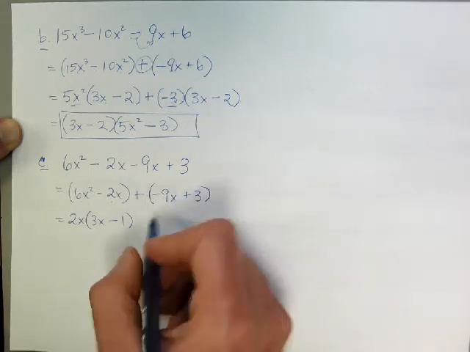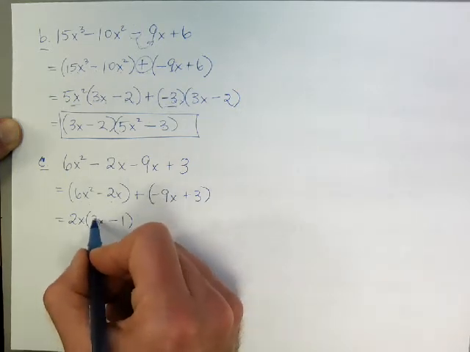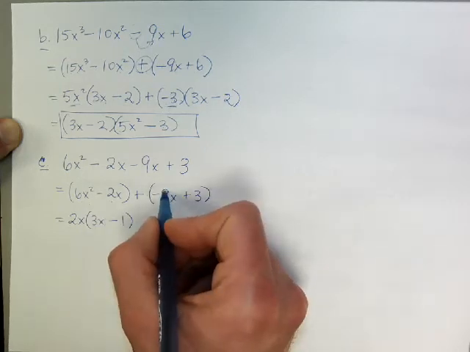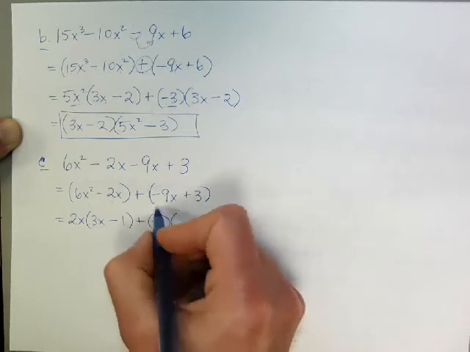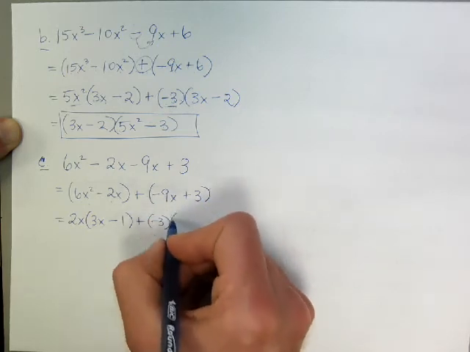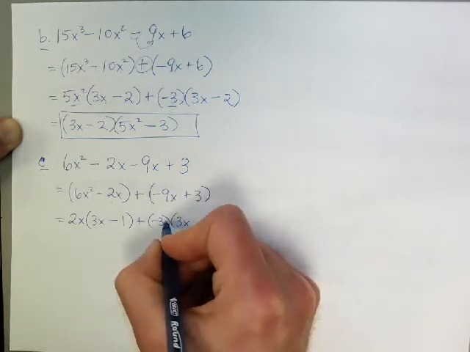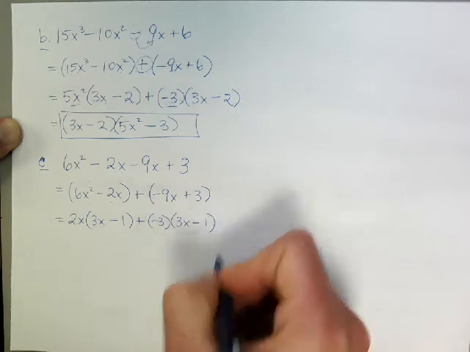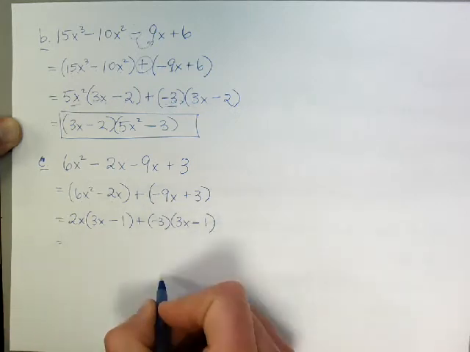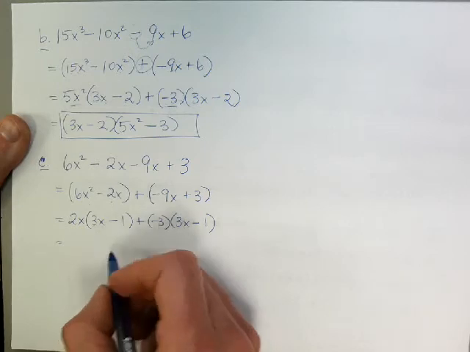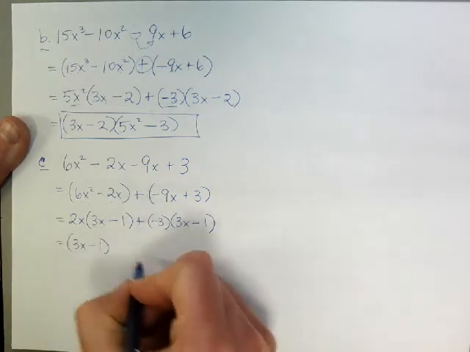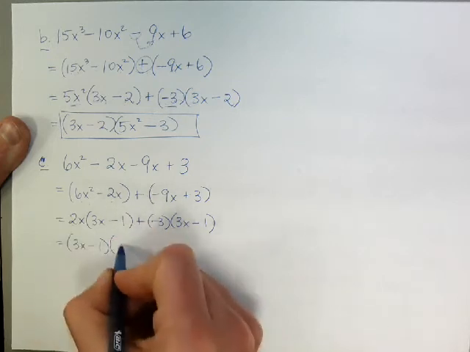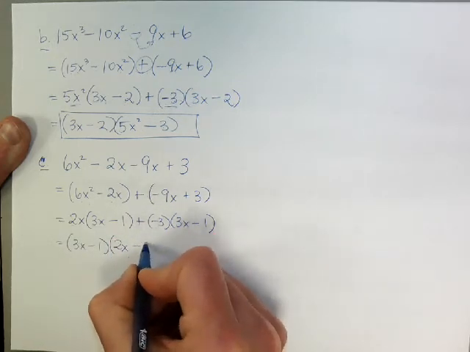And here, okay, we know we need a positive 3, so I'm going to divide by negative 3. Pull a negative 3 out as the GCF. When we divide, we get 3x. 3 divided by negative 3 is negative 1. All right. Now we need to factor out the 3x minus 1. And that leaves behind a 2x minus 3.